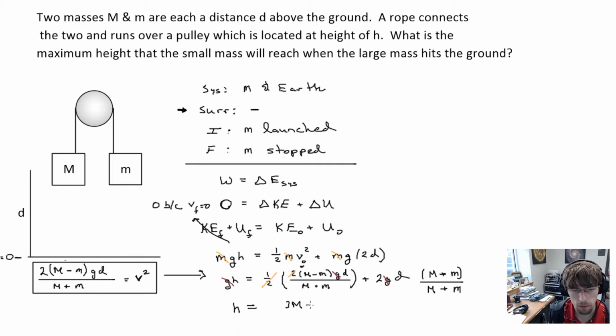So that gives me 1M. So I'll put plus M. That whole thing is multiplied by d. And then that is all divided by big M plus little m.